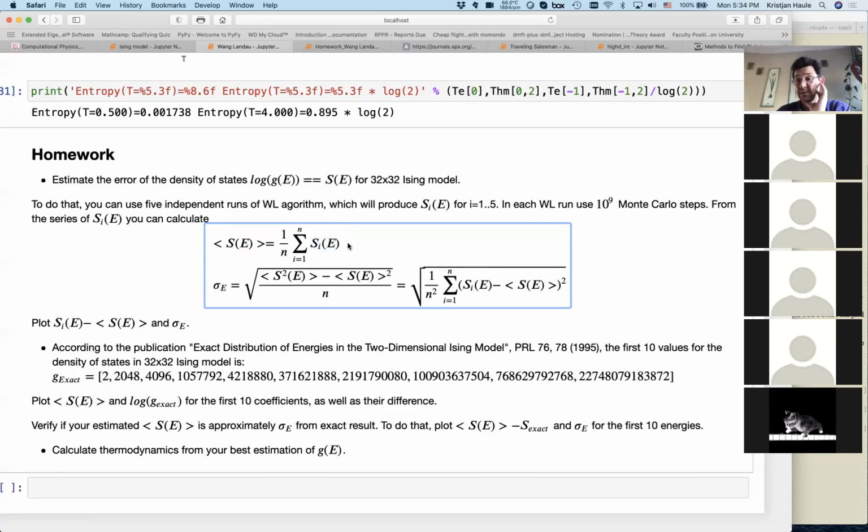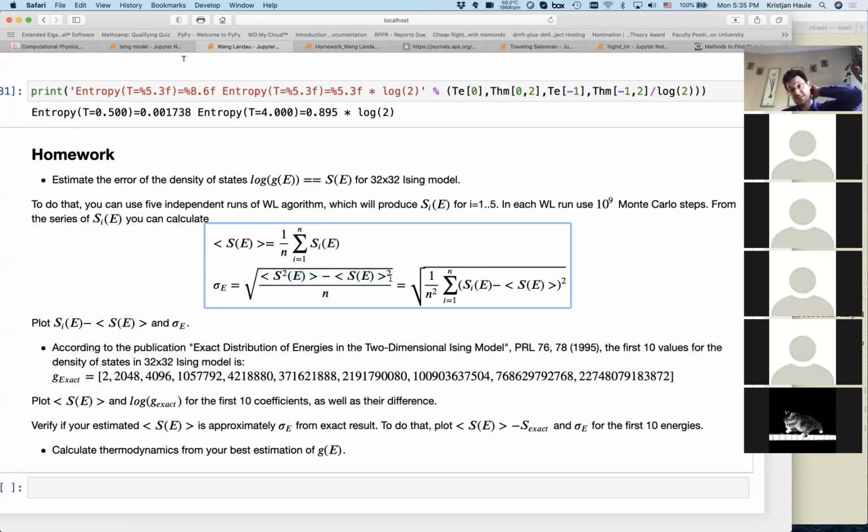But then we have these 5 runs. It's enough to do statistics, or basically to ask what is then the error bar associated with each. What is the error bar for these 5 runs? And as we learned before, statistics says that this is the fluctuation, basically S squared of E minus S average of E squared. But we know that these runs are statistically independent. Okay, this is now important.